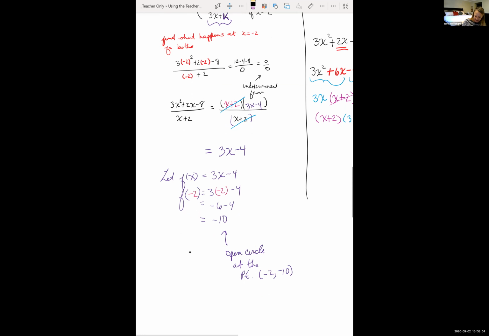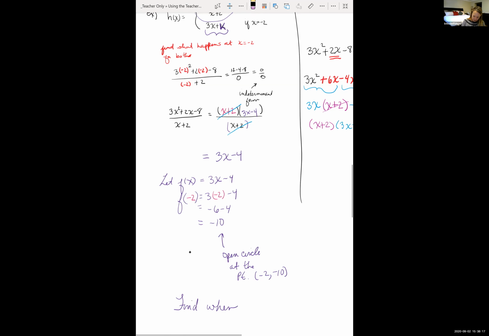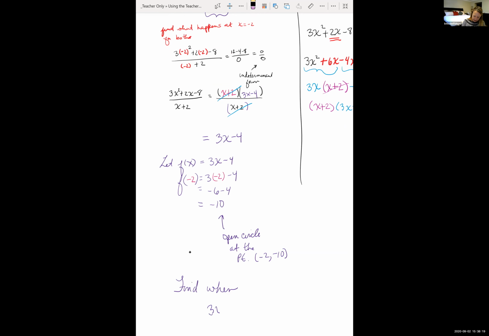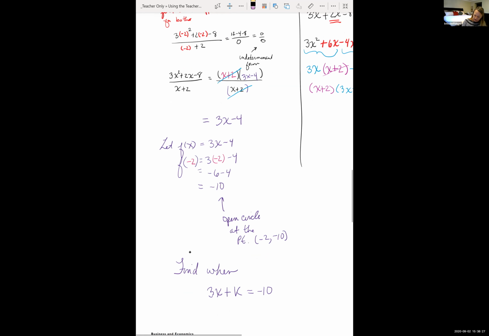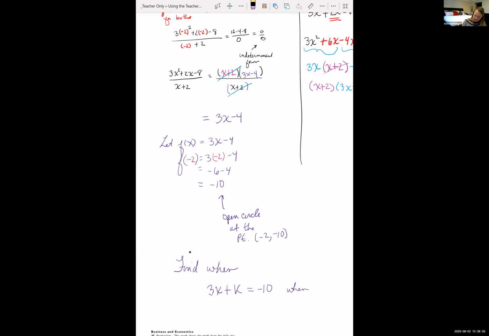So we need to find when the second piece, 3x plus k, equals -10 when x is -2. So 3 times -2 plus k has to equal -10.